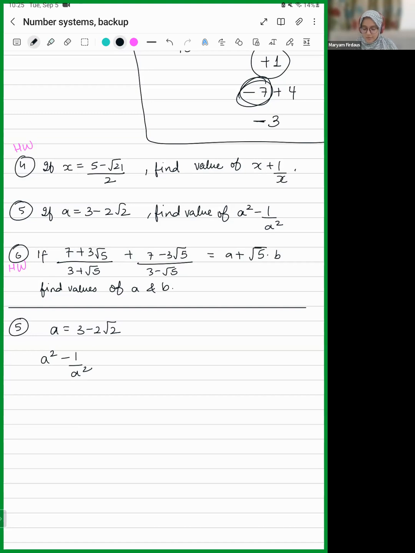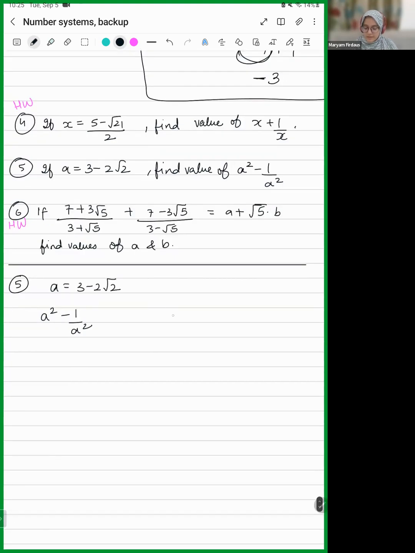There's another type of question that comes. If it is asked to find a square plus 1 by a square, then what will you do? And if it is asked to find a square minus 1 by a square, then what will you do?